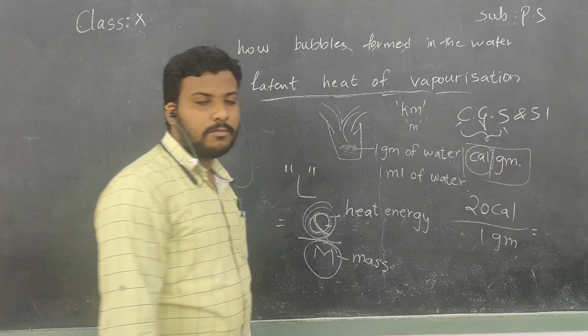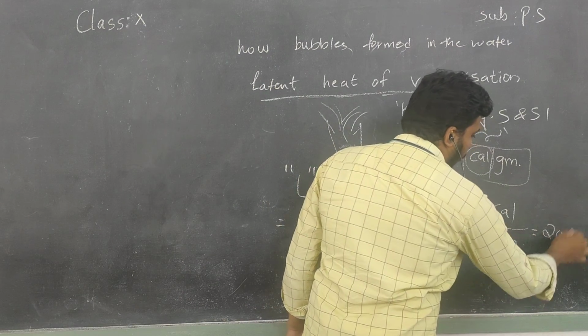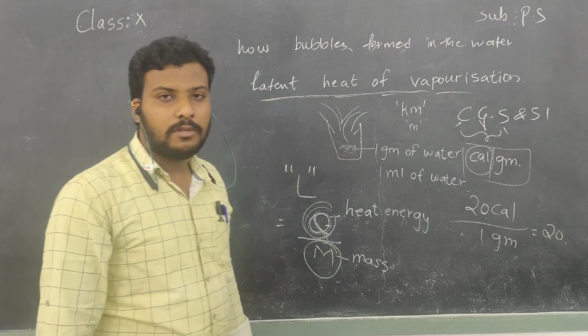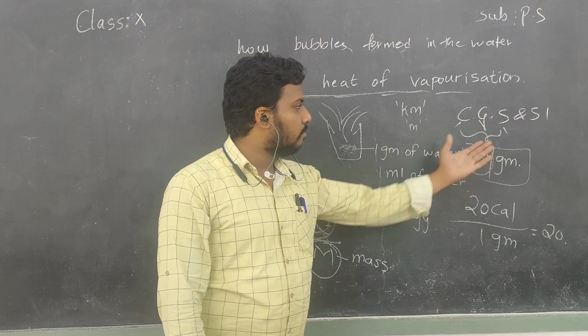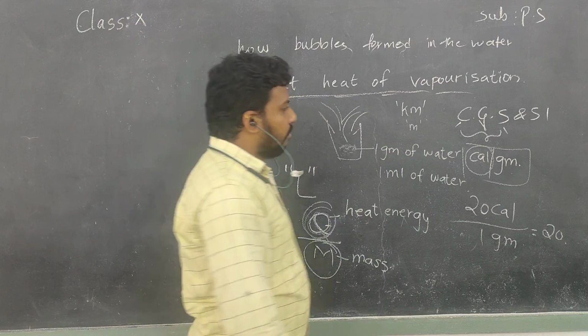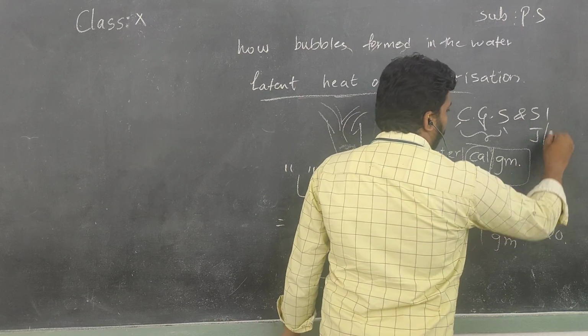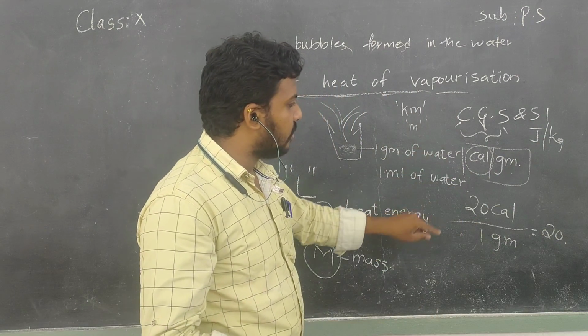So 20 by 1 is 20. So the latent heat of vaporization is 20. Understand, children? Next, the SI unit, international standard, children. That is nothing but joule per kg. This is a higher unit when compared to the CGS.